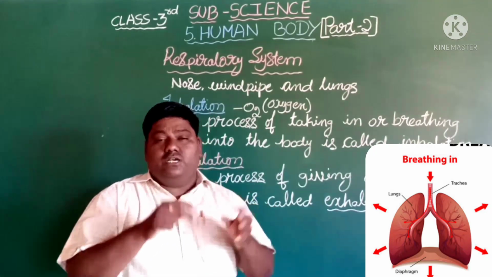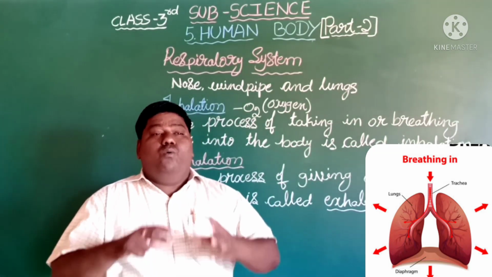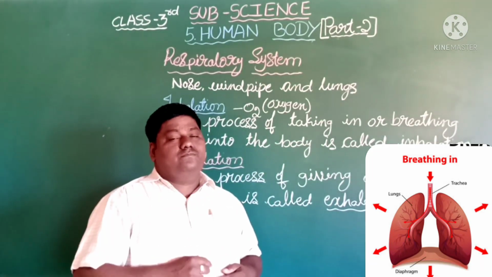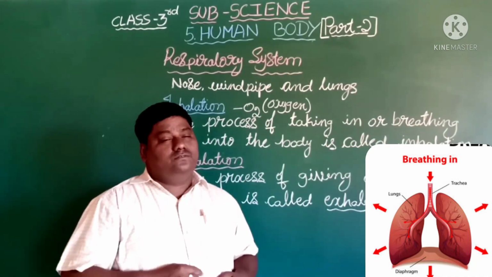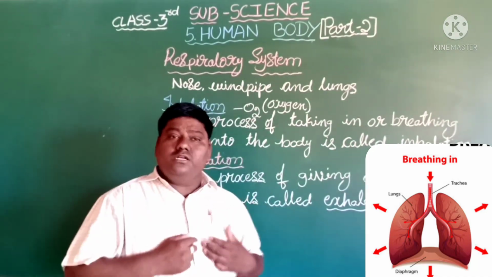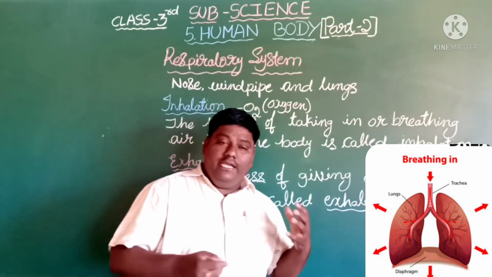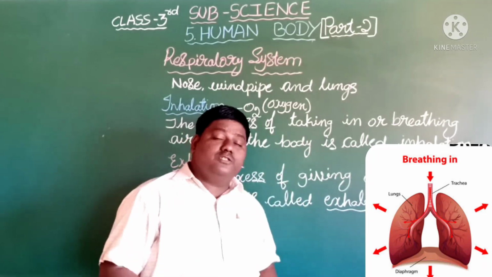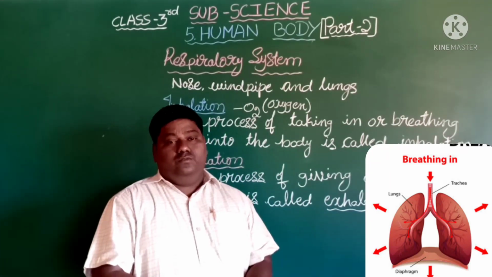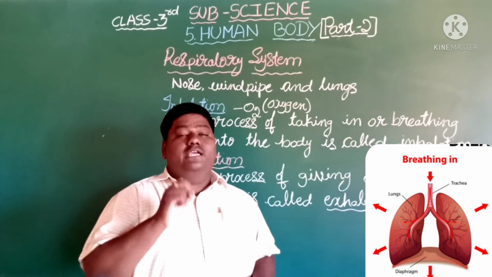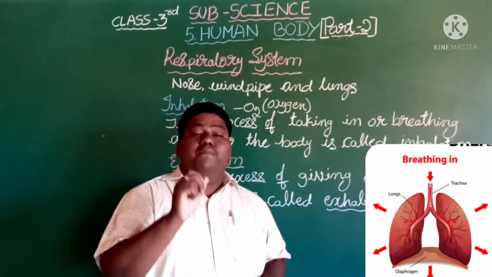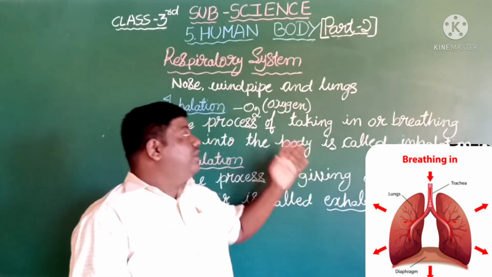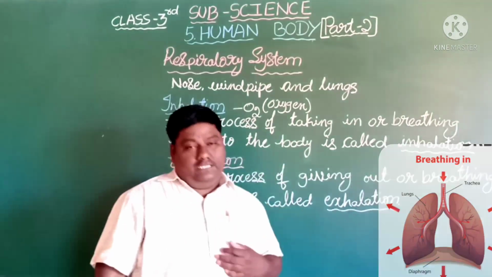These blood vessels send the oxygen to the whole body, to our brain, to our eyes, to our heart, to our kidney. The blood vessels carry the oxygen to all parts of the body. Oxygen-containing blood is called pure blood. So this is the process of inhalation.